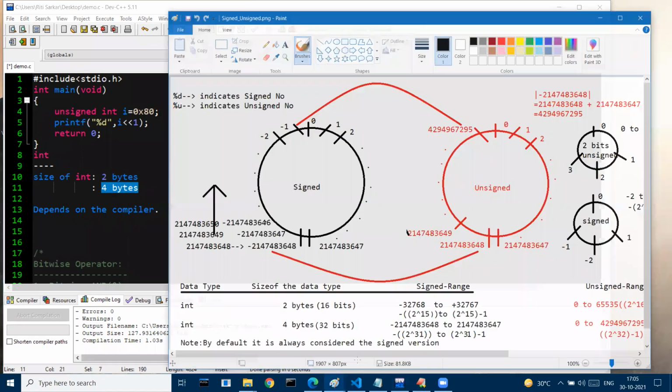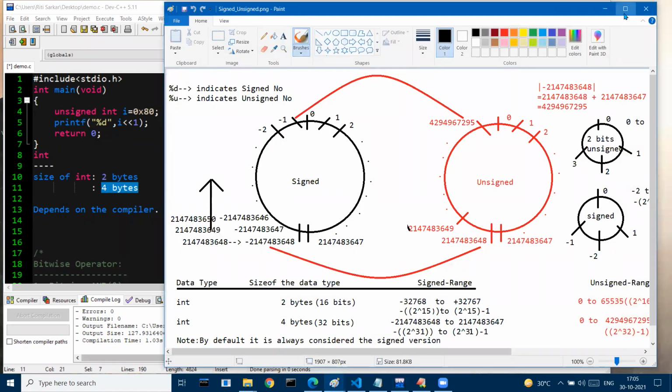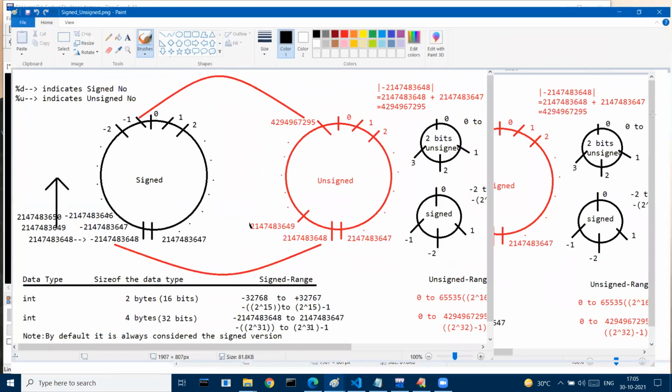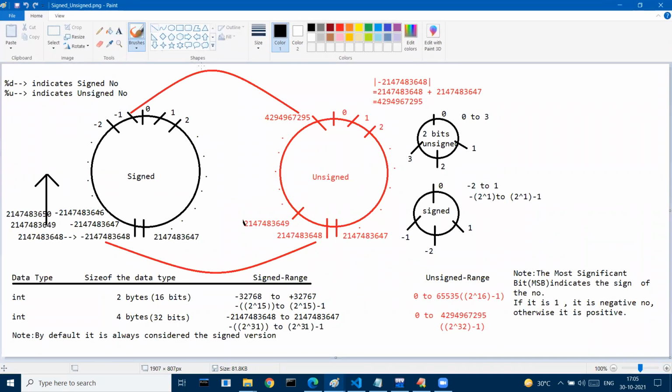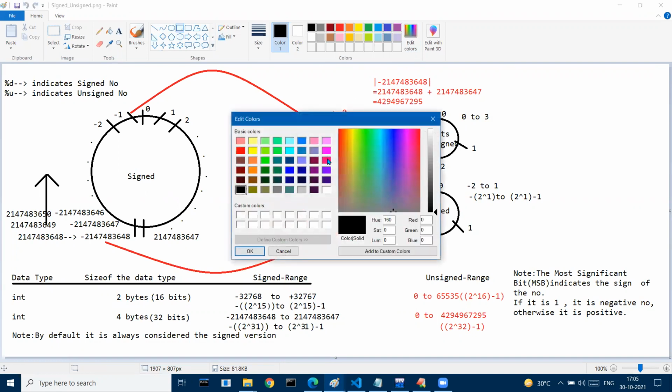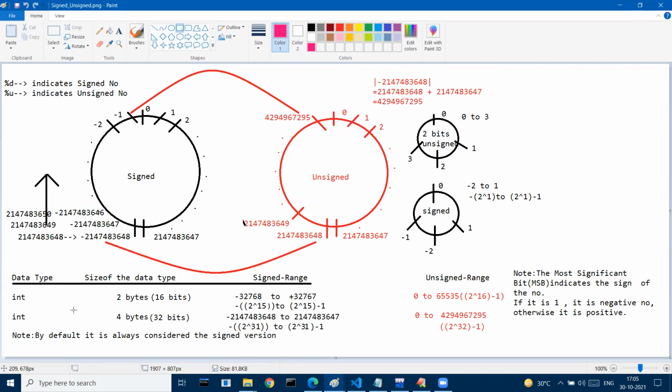If it is a 4 byte integer, observe carefully. For a 4 byte integer, this is the range. 4 byte means 32 bit, and 2 byte means 16 bit.